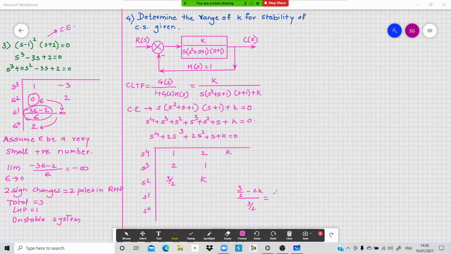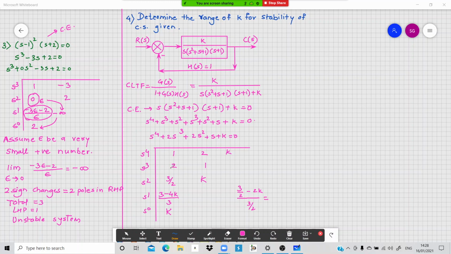So it is going to be 3 minus 4K upon 3. Correct? And the last one will be again K. Solve it. This into this divided by this whole thing. So it will be equal to K.